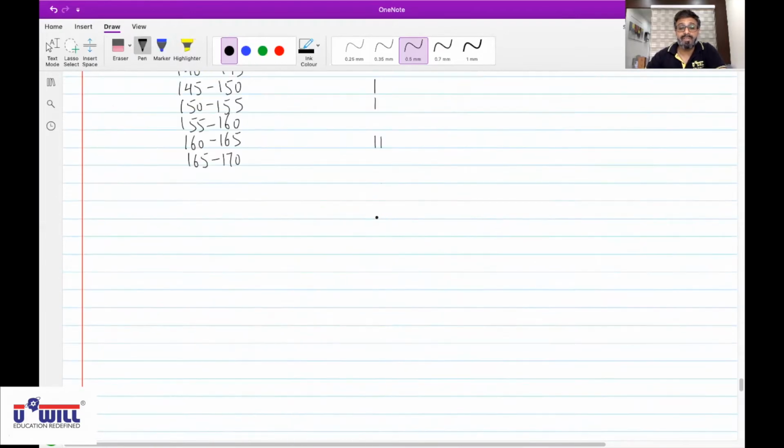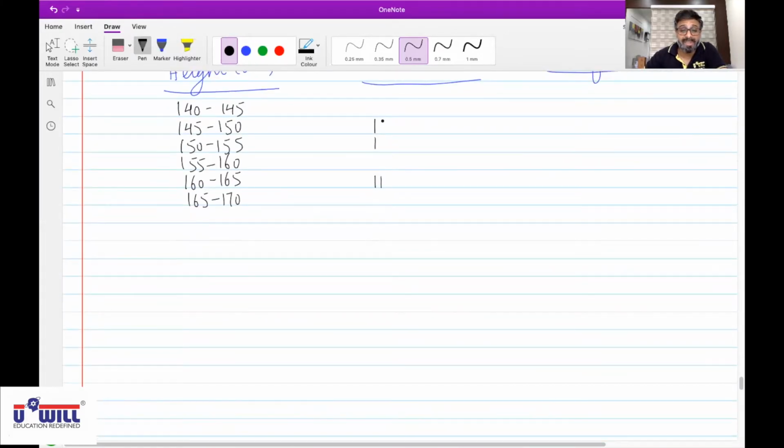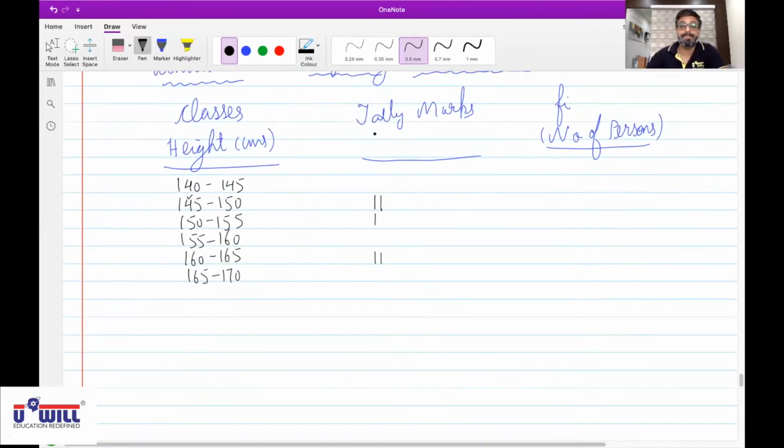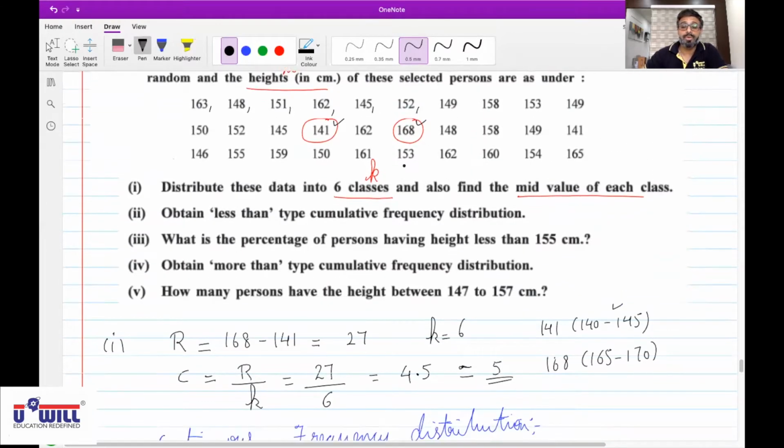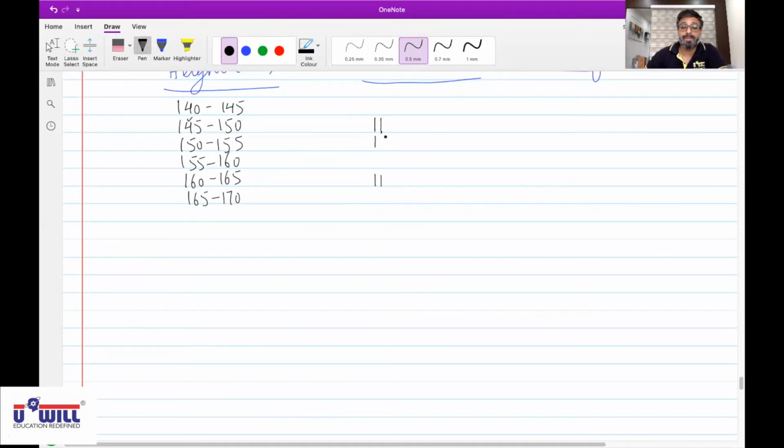145 between 145 to 150. Be careful. 145, don't write in 140 to 145. 145 will belong in 145 to 150. Okay. Then 150 to 155.